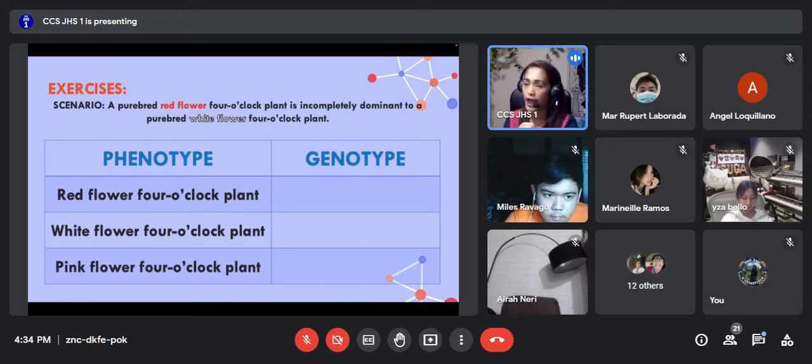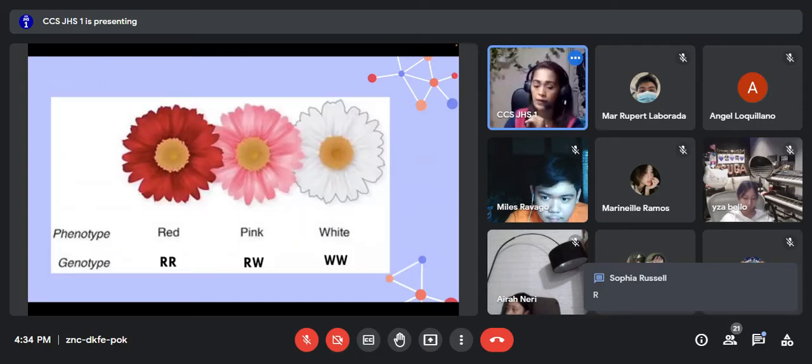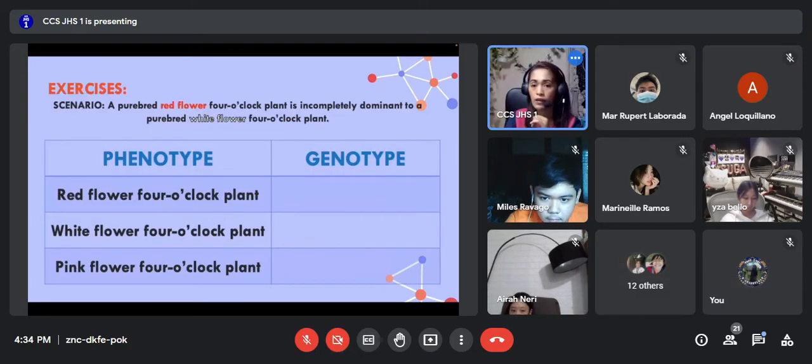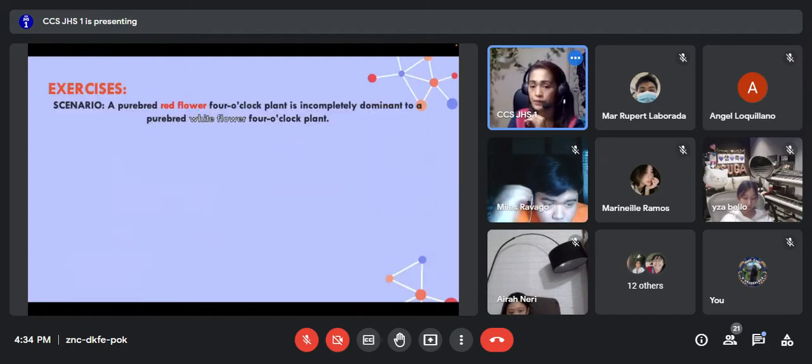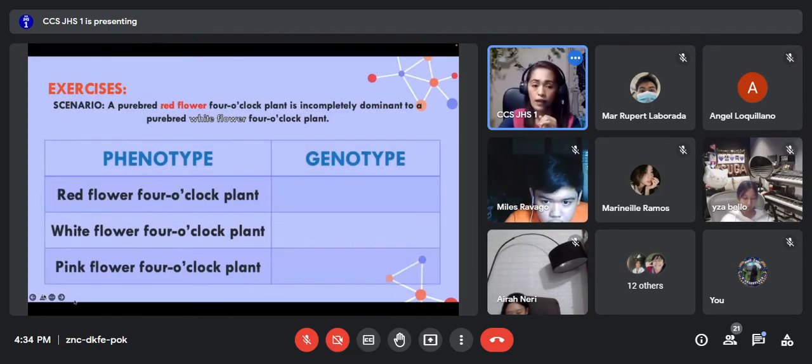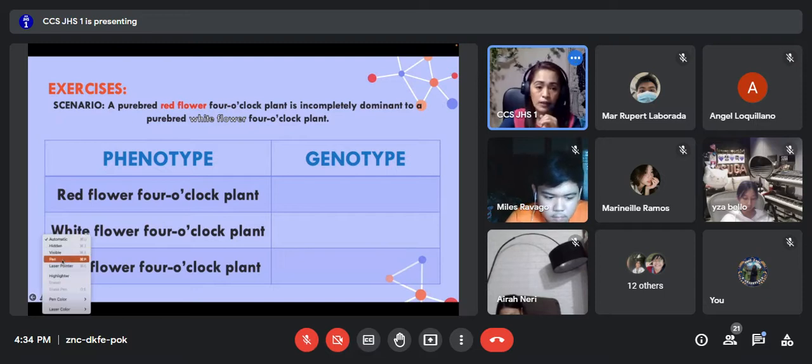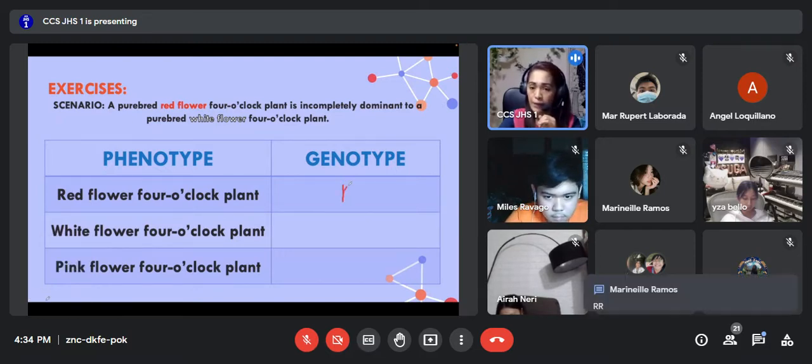What's the first letter for red? R. And since it's a homozygous dominant, it should be R capital, R capital.